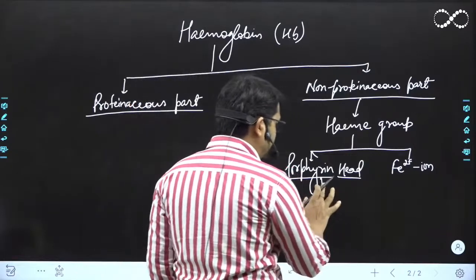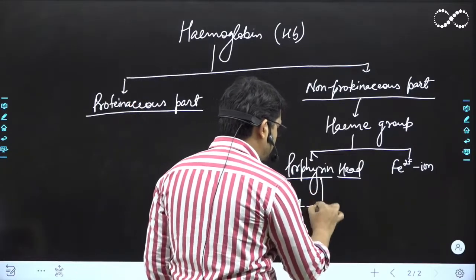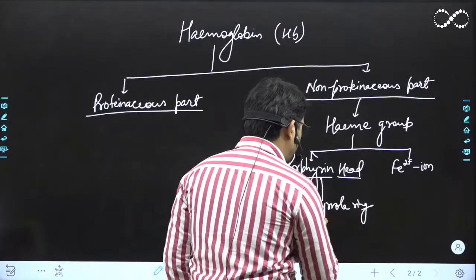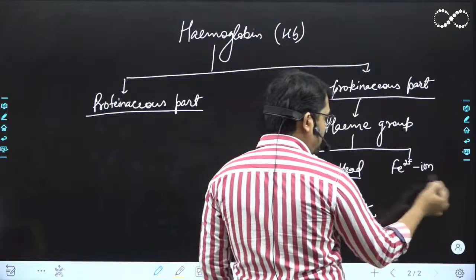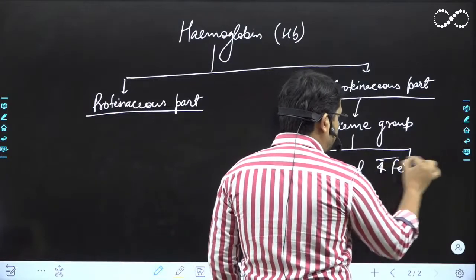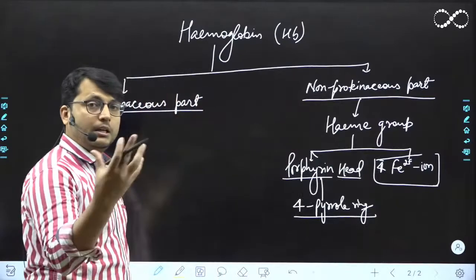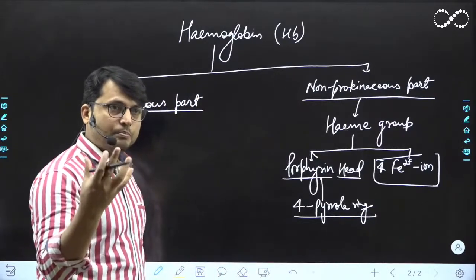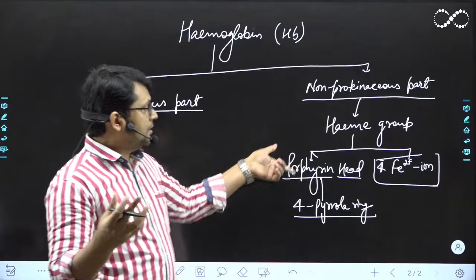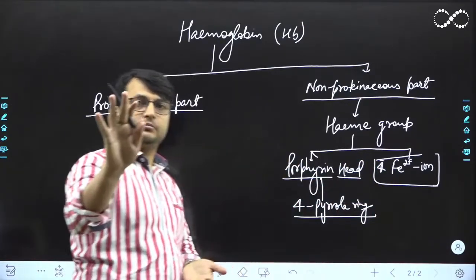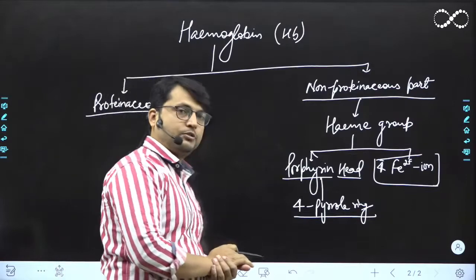This porphyrin head has 4 pyrrole rings. बस आपको समझाने के लिए बता रहा हूँ मैं ये. और हर एक इस रिंग पे एक एक आयरन है. So there is overall 4 Fe2 plus ions in the heme group. ठीक है, तो heme group में एक आपका porphyrin head है and there are 4 iron ions. Okay, Fe2 plus.